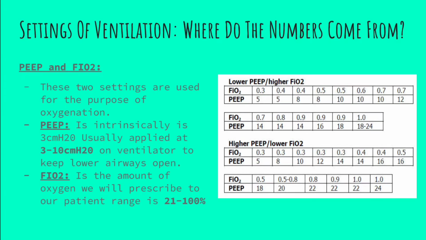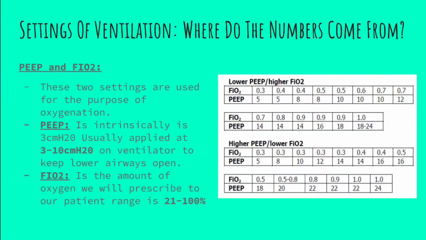We don't really want them to be at 100% because we don't know how high they're going to get at that point. We don't really want to over-oxygenate somebody. So it's really important that we keep that prescribed oxygen dose where it's needed, okay?